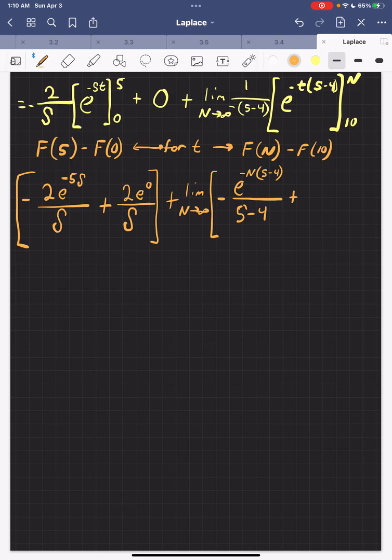And now we'll be plugging 10 in for that t. So that's e to the negative 10 times s minus 4 over s minus 4. Okay. So where are we in this problem?